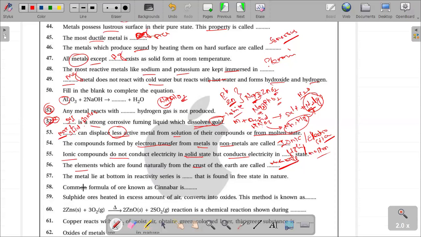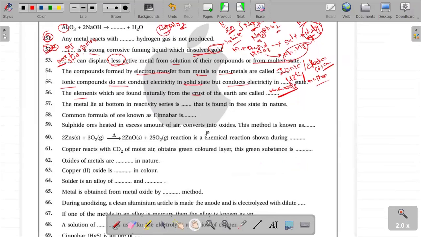That's it. And next, the metals at the bottom of the reactivity series are silver, gold, copper, platinum, titanium. These are of low reactive nature and they exist in the earth's crust in the free state.